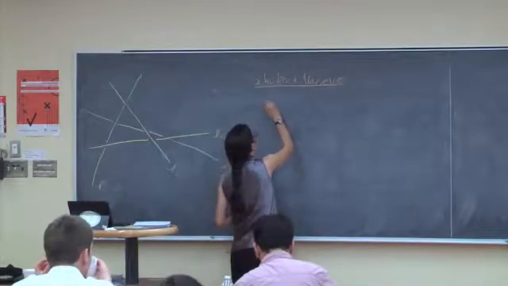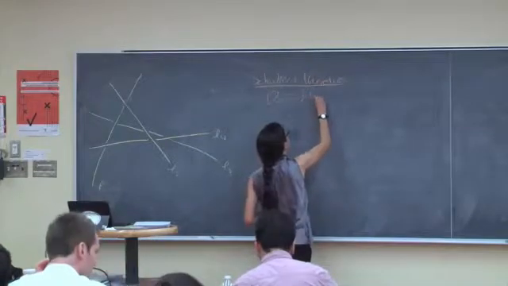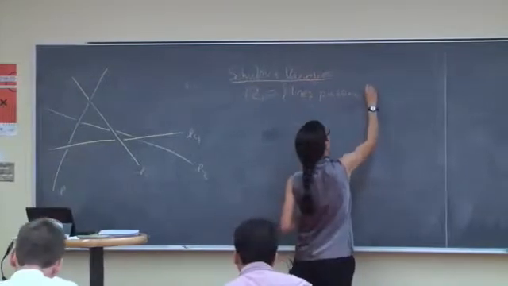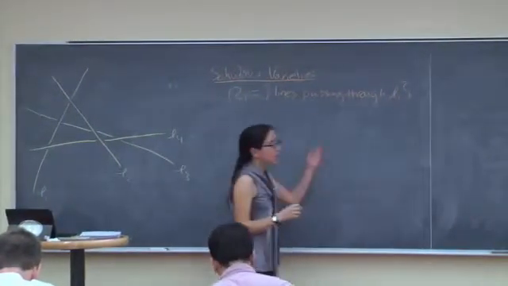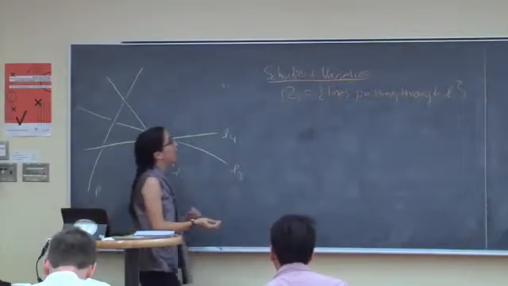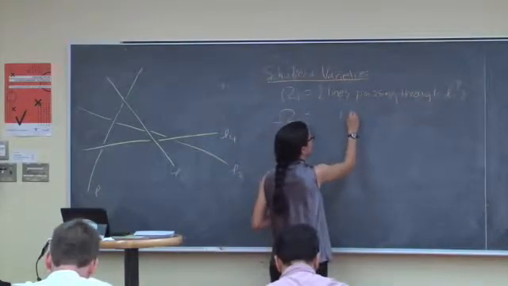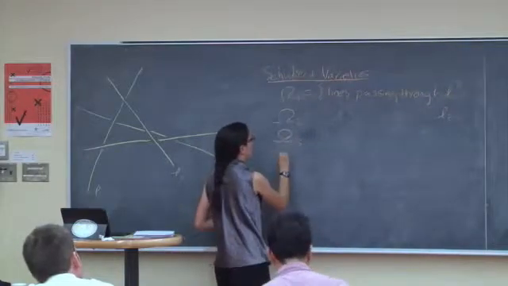So we're going to define omega 1, say, to be the set of lines passing through L1. And we're going to see that this has the structure of an algebraic variety. There's a topological structure on omega 1, lots of nice things. And we're going to do the same thing for each of these lines with omega 3 and omega 4.